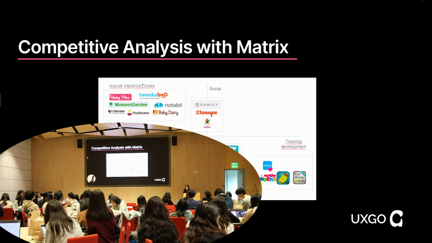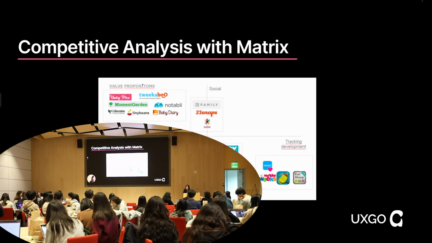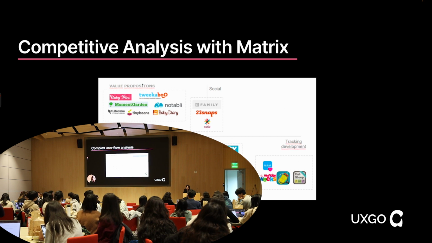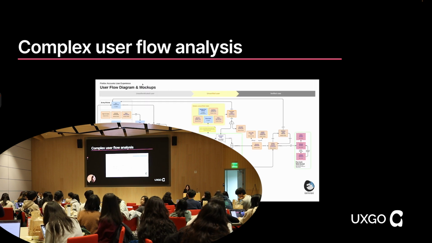Here's the example. If you find a matrix, what is the most important parameter for X and Y, then you can actually find something like a linear pattern or different kinds of pictures or shapes, and then you can draw some conclusions from it. The second one is complex user flow analysis. Once you apply classification discussion thinking, you can solve so many complex user flows.